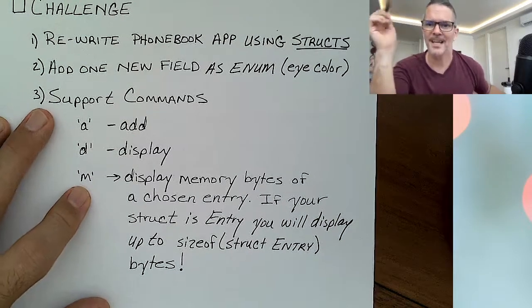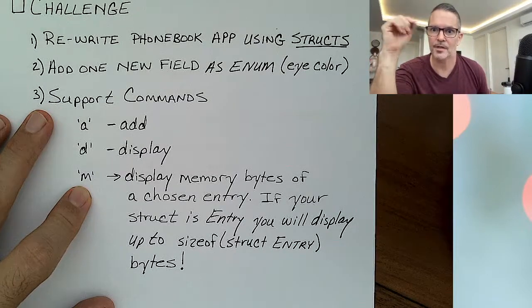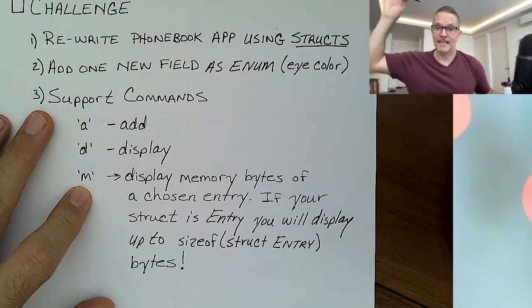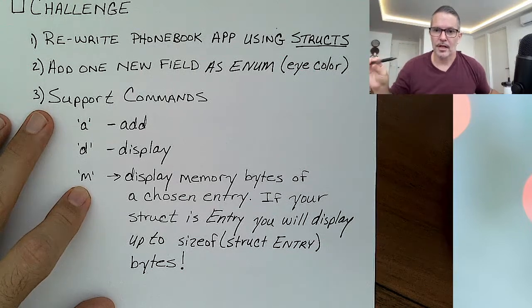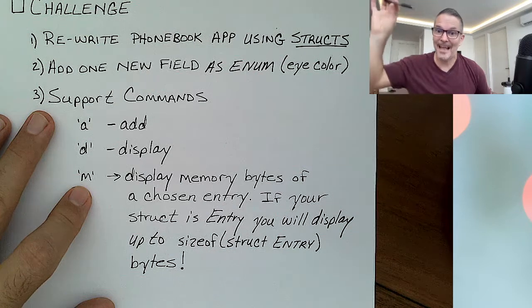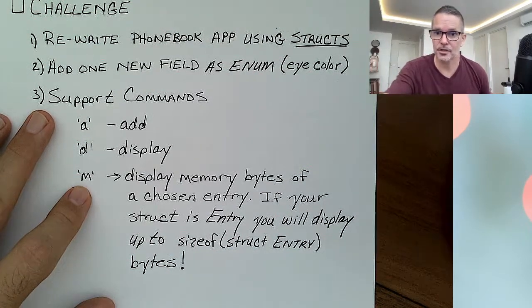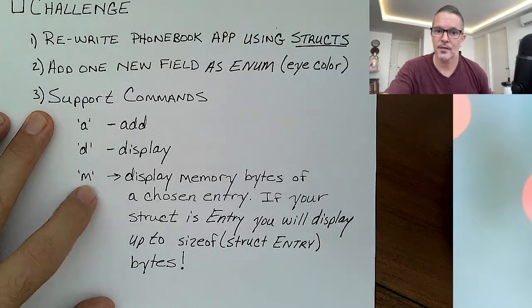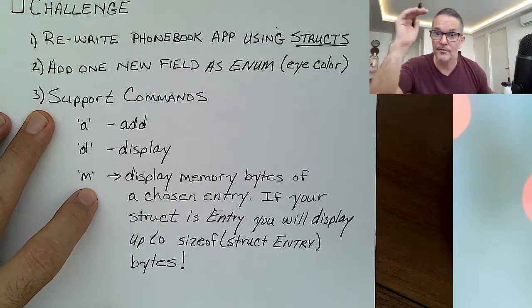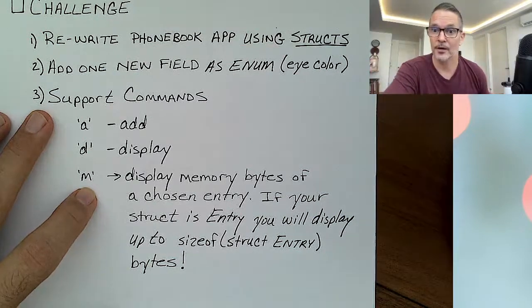My goal here is that I want you to be able to see how the memory is laid out. And you'll see that each variable in your structure has a predictable amount of memory. And in that memory are the values that you've set into the structure. So this is an exercise. We're creating a new function, a new command to print out the memory of a structure so you can visualize how the structure is laid out in memory.